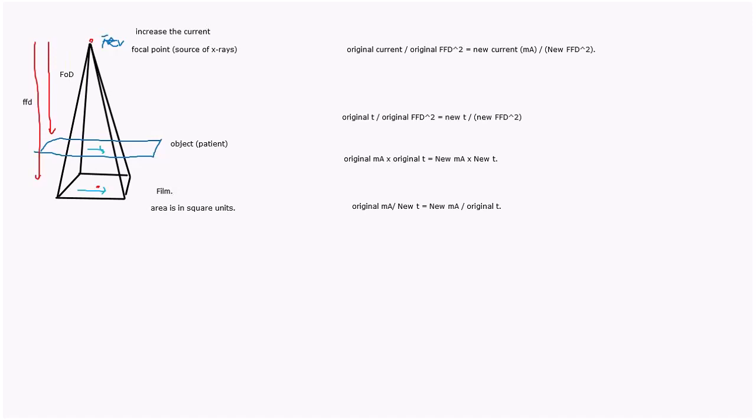So we can write focus to object distance. Your textbook does it differently. Either way works really. Focus to film divided by focus to object. That's my ratio of the two red lines.